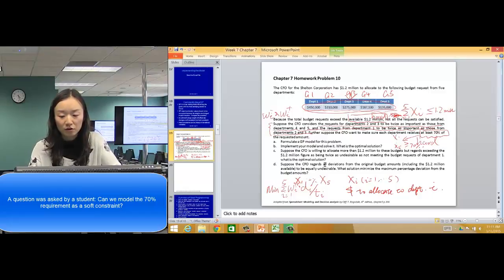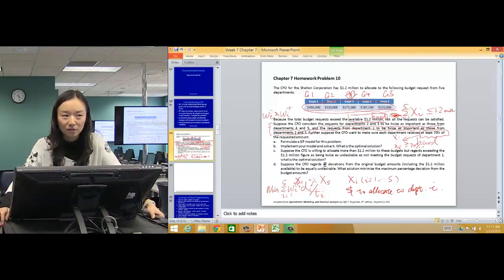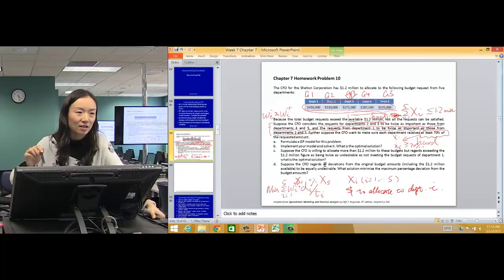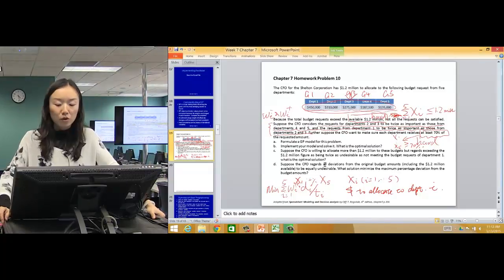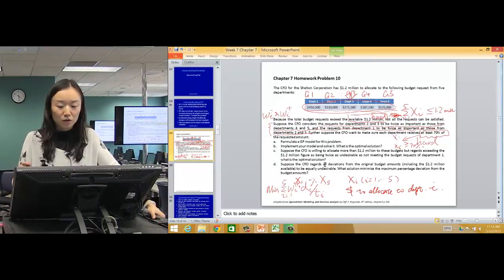So your question is, say, just treat those 70% ones as soft constraints? Yes. I probably won't do that, because here it says they want to make sure at least 70% is received. The purpose of goal programming is saying, okay, it's desired to get as close as possible to something. We won't get less than 70% because we have to set those as hard constraints.